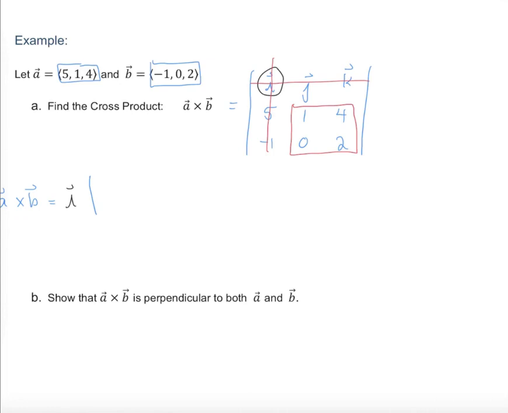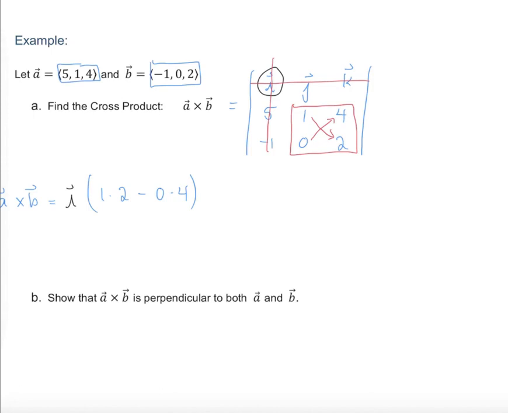So the 2 by 2 determinant that remains now is going to be 1 times 2, the product of the main diagonal, minus the product of the other diagonal, which is going to be 0 times 4. So we'll subtract 0 times 4, and that's going to be our first component of the A cross B vector.